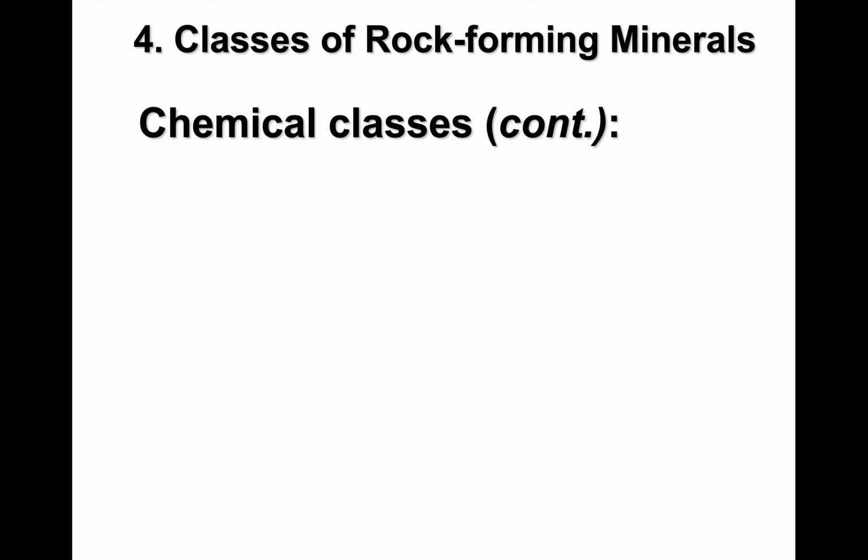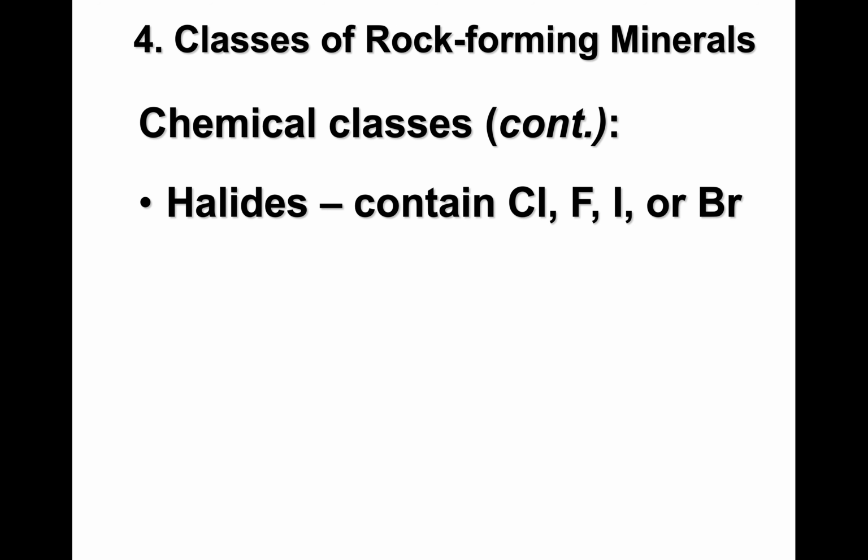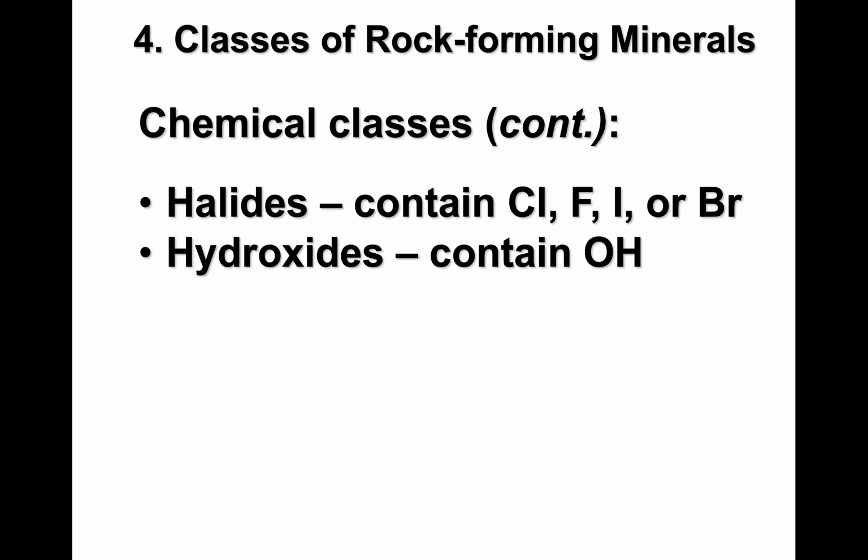Here we are continuing now with the chemical classes. We have also halides, and you know the halides by now, that is salt, yeah? They contain chlorine, fluorine, iodine, or bromine. Then we have hydroxides, and hydroxides contain an OH group.